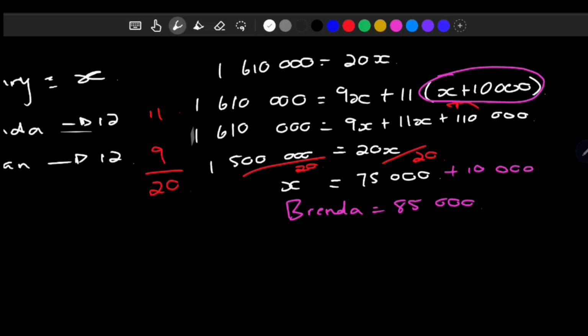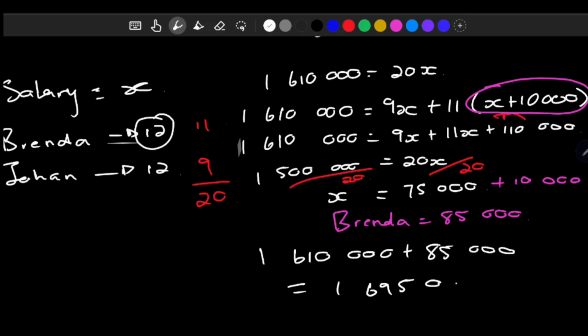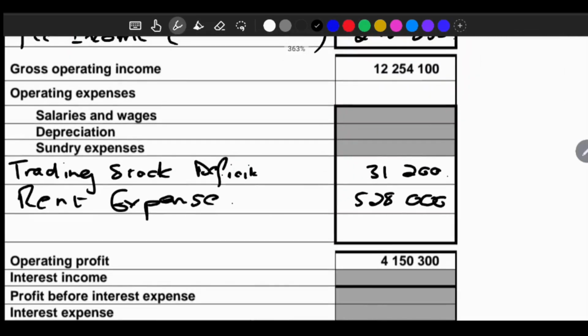Remember, we have to account for the full financial year so that it then becomes 12 months for her. So we're going to say 1,610,000 plus the 85,000, and that will give us 1,695,000 for director's fees.